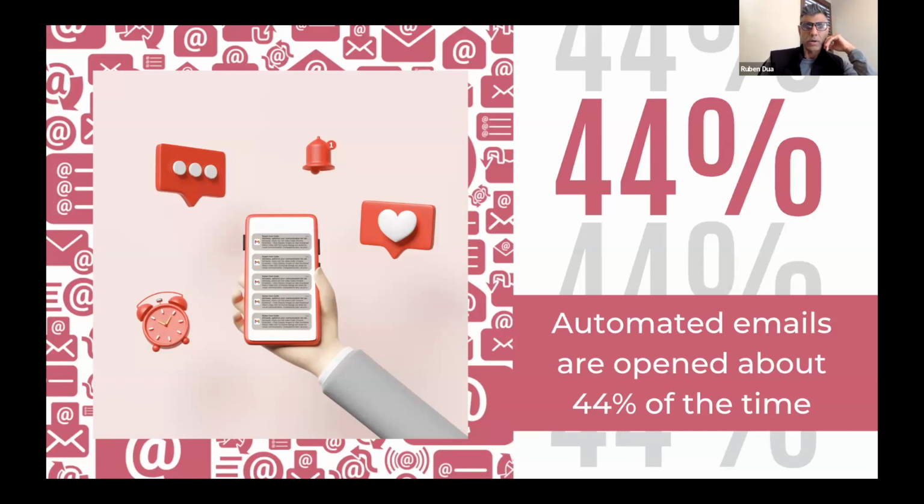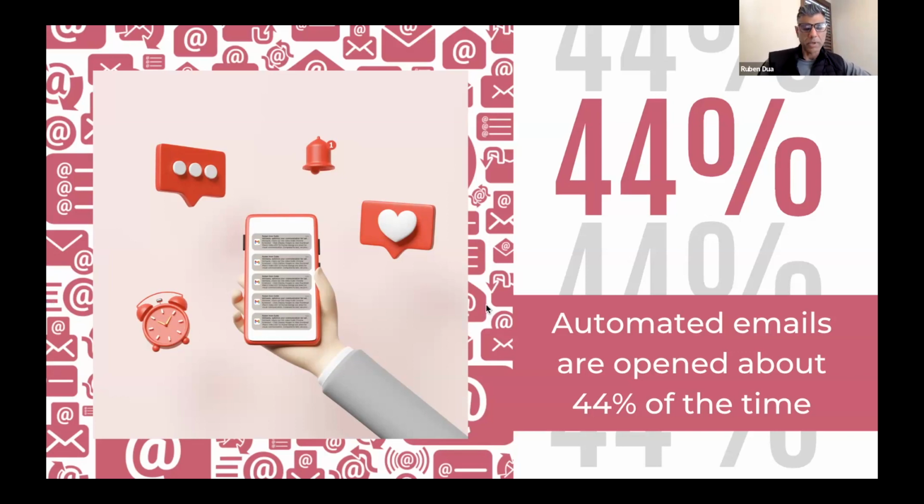If you guys are doing outbound emails and sending emails to some sort of a list, a group, you probably know now that your open rate is anywhere from 2% to 30% on the high end, maybe 40% if you're lucky. An automated email gets opened 44% of the time.